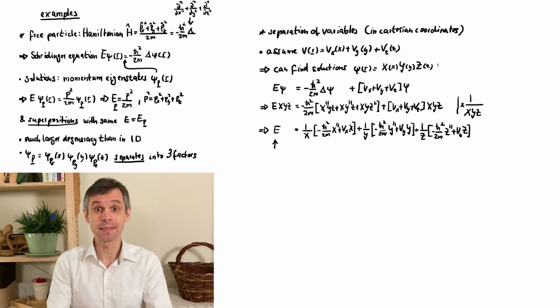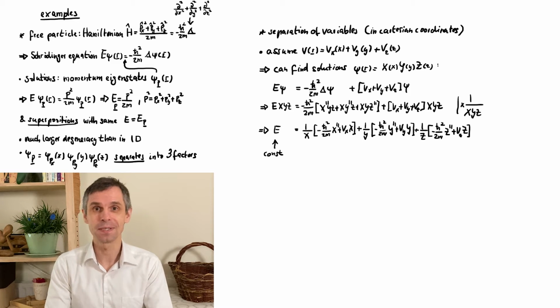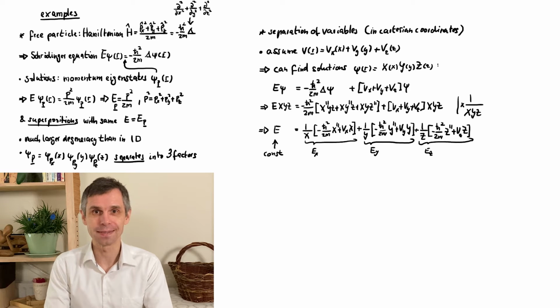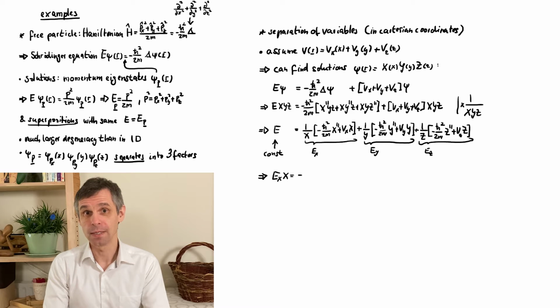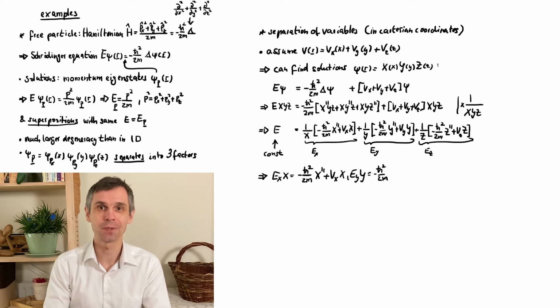But as the energy itself is a constant, each of these three different terms must be constant too. We call these constants Ex, Ey, and Ez, so the energy will be the sum of these three constants. And looking at each term separately, we see that these are really three one-dimensional Schrödinger equations with a corresponding potential.